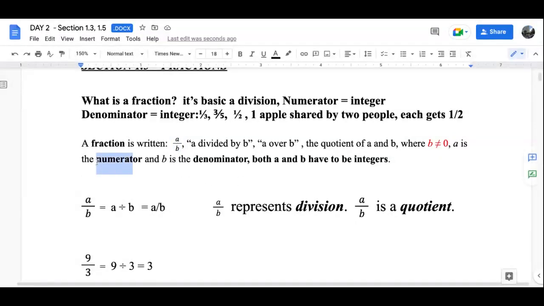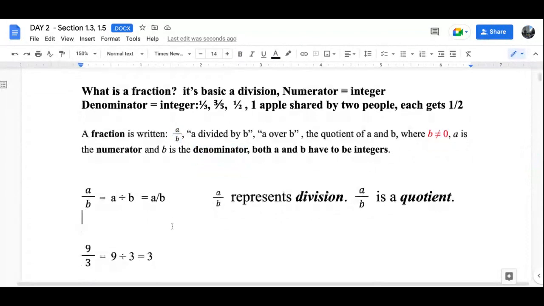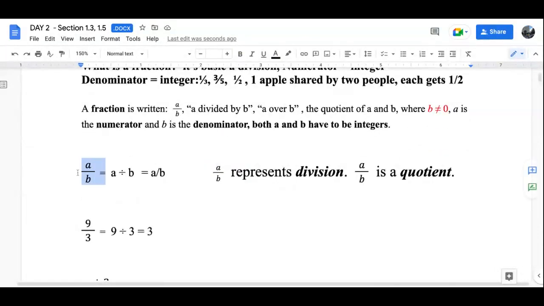So a is called the numerator. b is called the denominator, okay? So whenever we see a over b, a over b is a divided by b, or sometimes written as a slash b, all right?